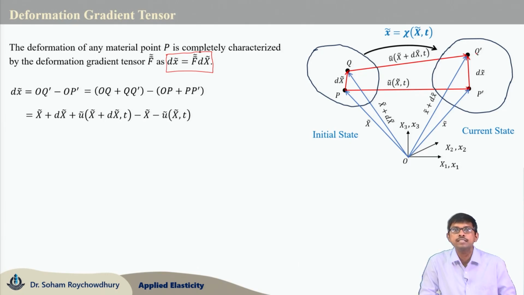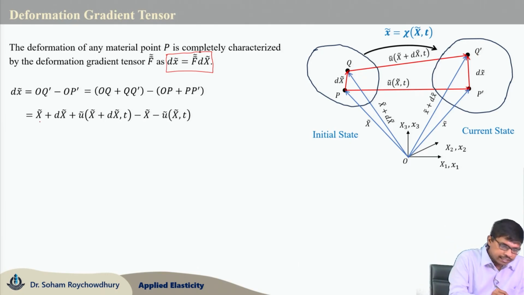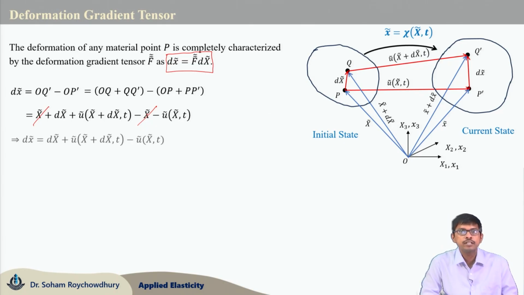Substituting all this in this equation and cancelling capital X, this would become dx equals dX plus u at X plus dX comma t minus u at X comma t.